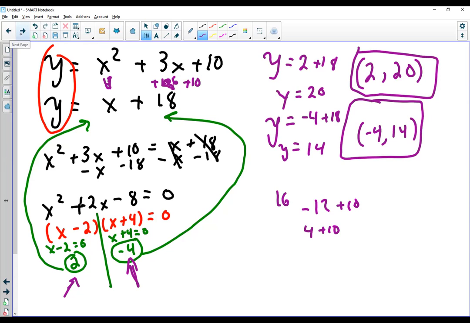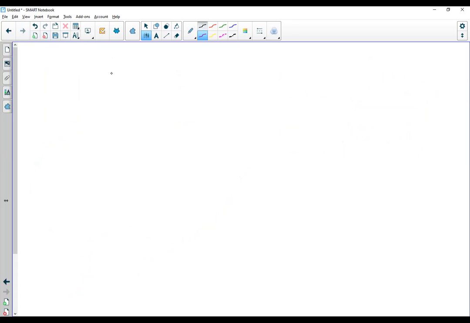Kelly and Zach, I'm moving on to the next one. All right. So we're going to have what I call a basic 3 variable one. X equals 10. 2x plus 2y equals 44.